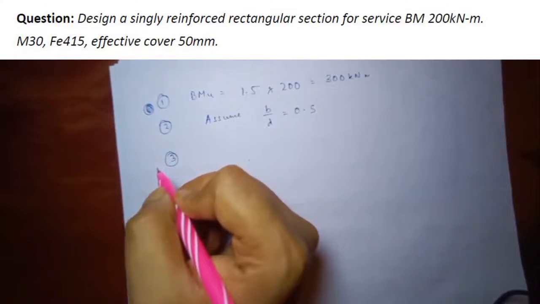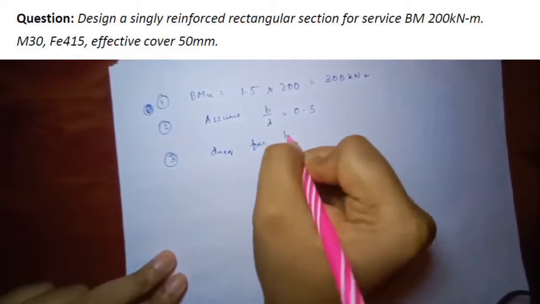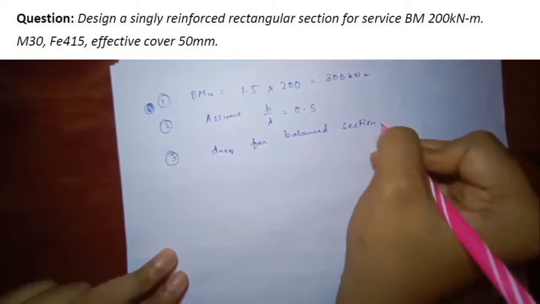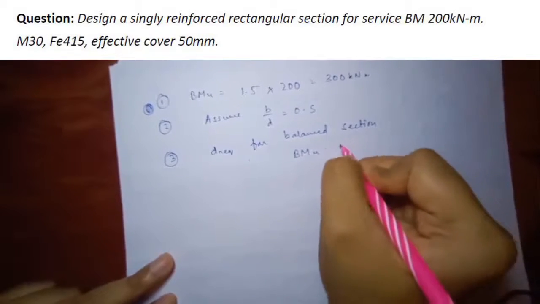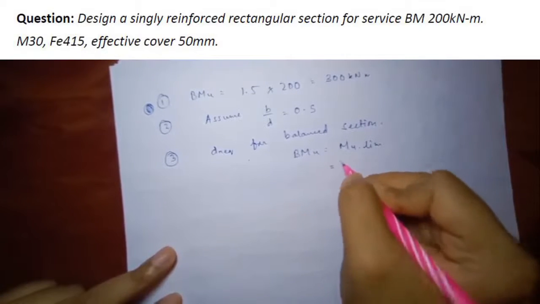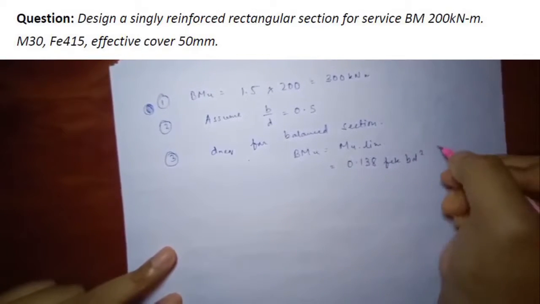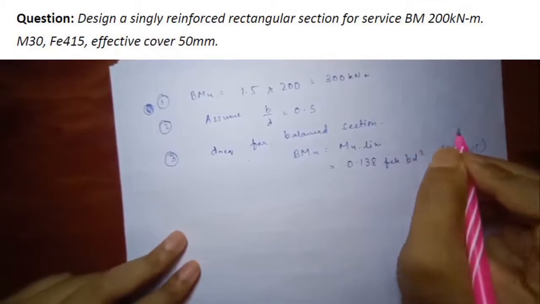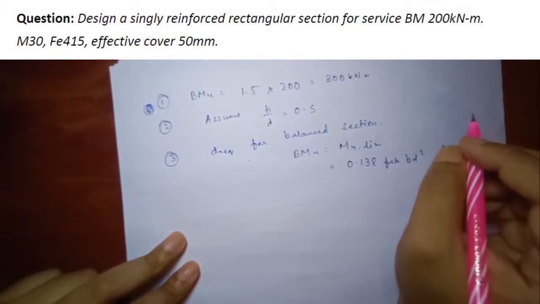We have to find the D required for the balanced section, and so BMU is equal to MU limiting, and that is equal to 0.138 fck B D square for Fe415, as Fe415 is the grade of the steel given to us in the question.